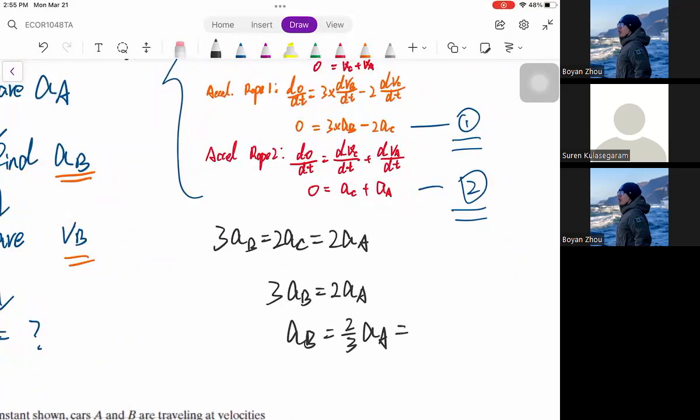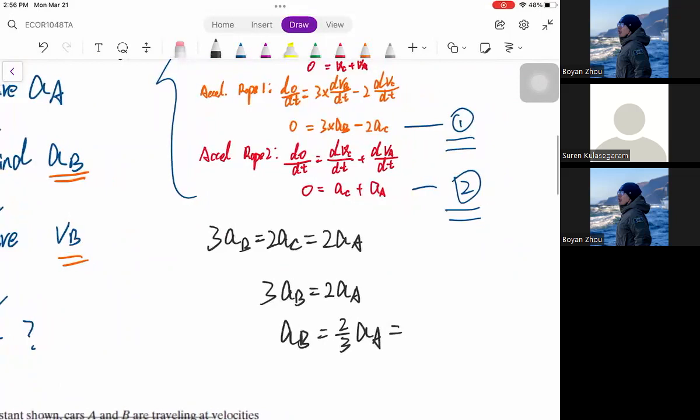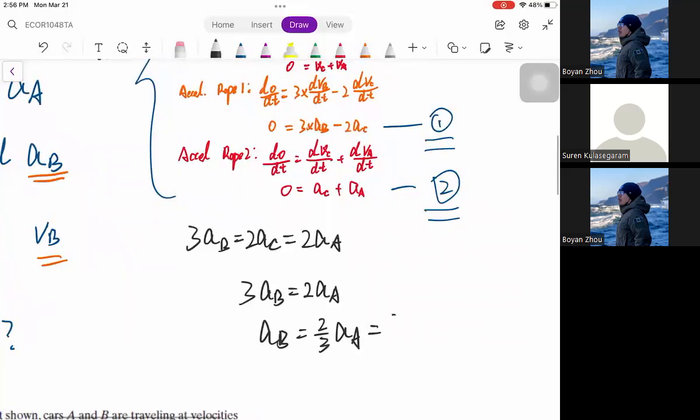And then we know the value for AA, acceleration at point A, is 3. So that would be 2 meters per second squared.